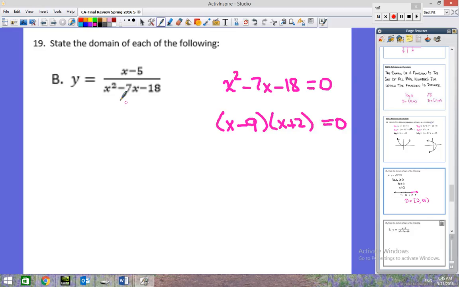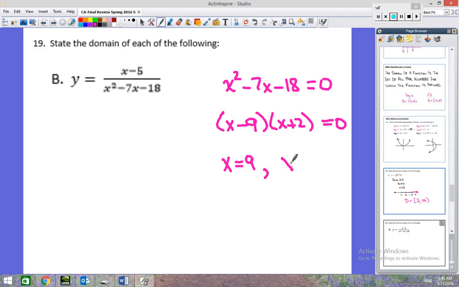So if you substitute the value of x, replace x with 9, 9 squared minus 7 times 9 minus 18 is going to be 0. And you won't get a corresponding y value. And for every number in the domain, you have to get exactly one y value. This number of 9, you won't get a y value, so we throw it out of the domain.